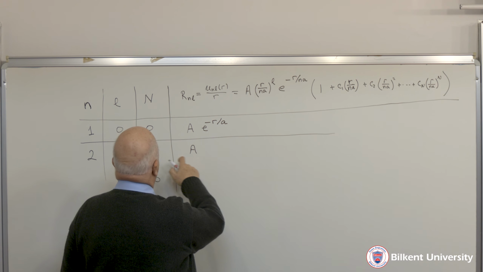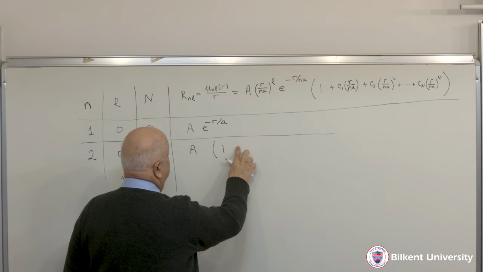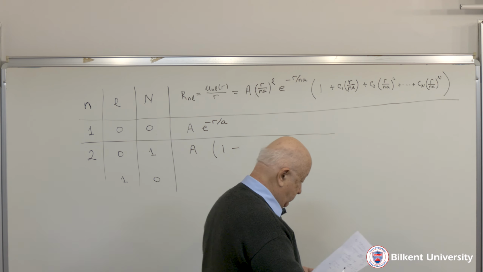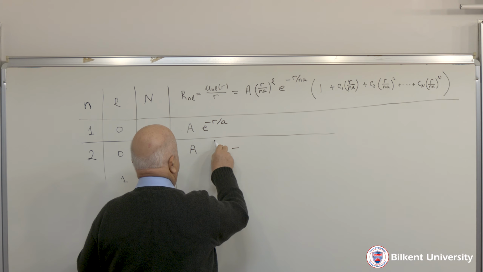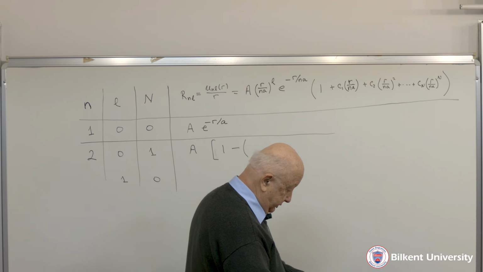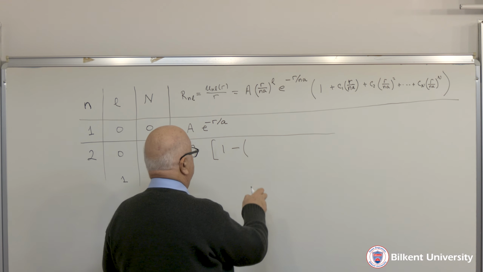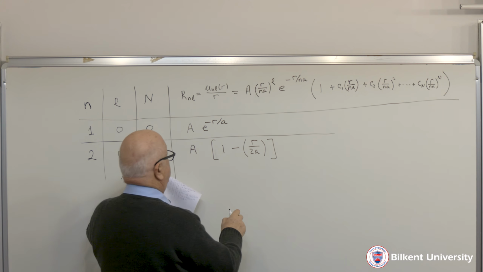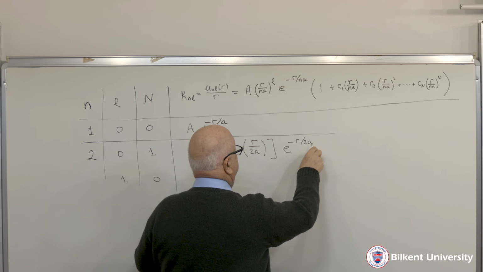So I am going to get just 1 plus or minus some number. In fact, let me give you those numbers. It's 1 minus r over 2a, so this is our rho to the first power, and then multiplied by e to the minus r over 2a.